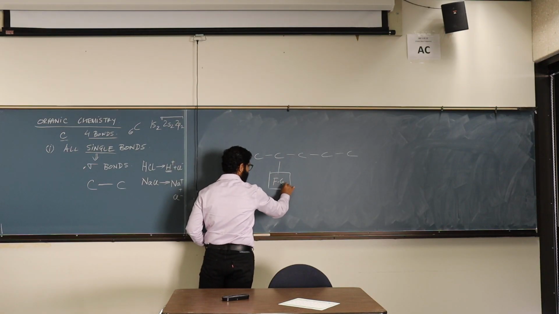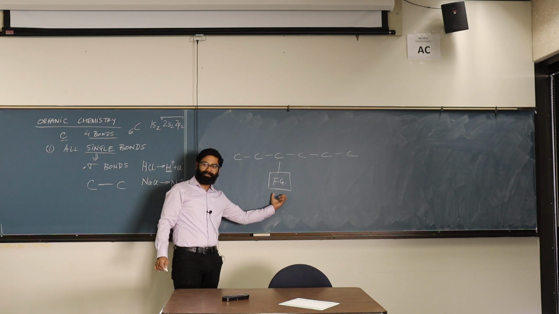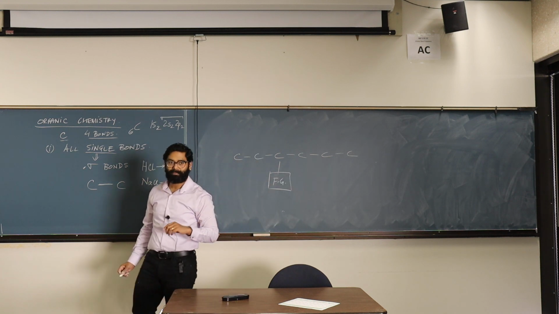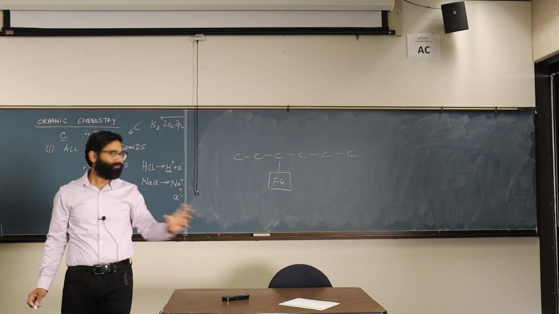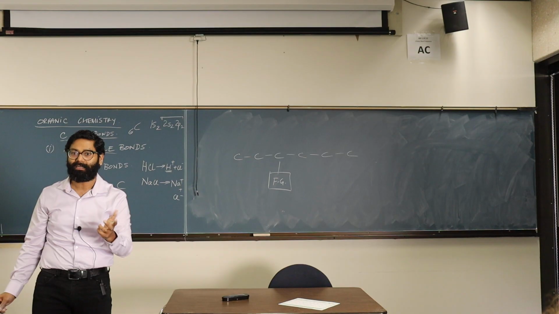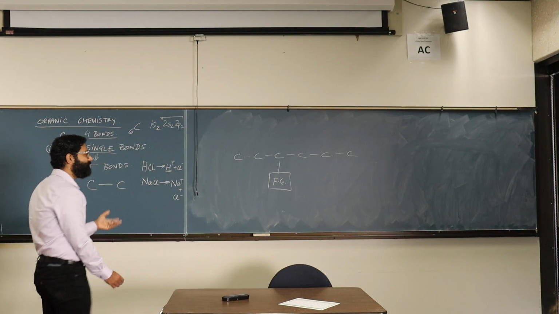I'm calling it the functional group. This small addition will change the entire property of the compound. Or that small thing will be the seat of reactivity for that entire compound. That's why we call it the functional group.